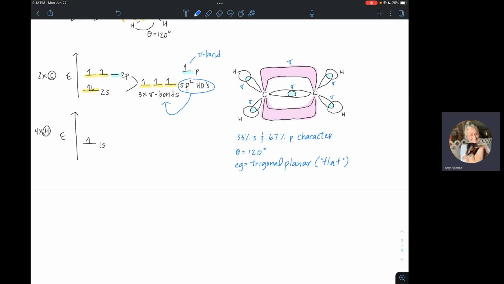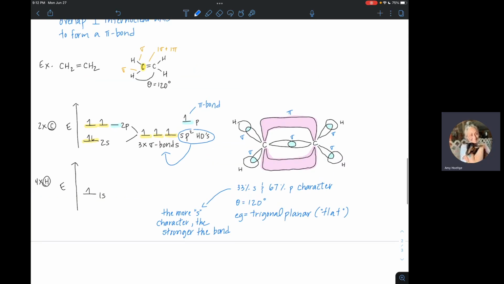So in other words, up here, again, the more S character, the stronger the bond. Here's the thing though.